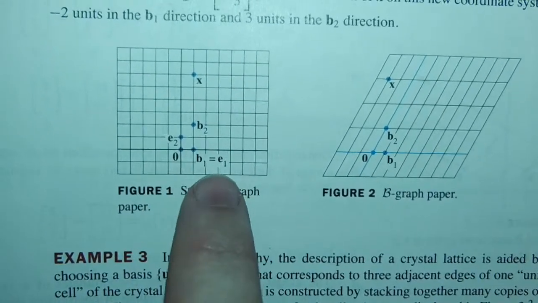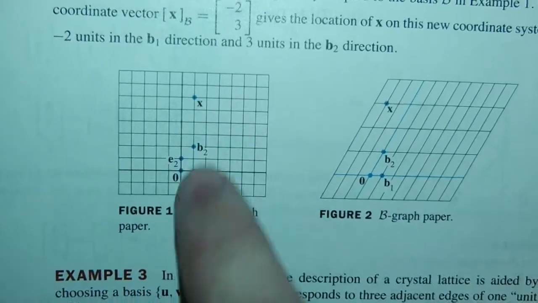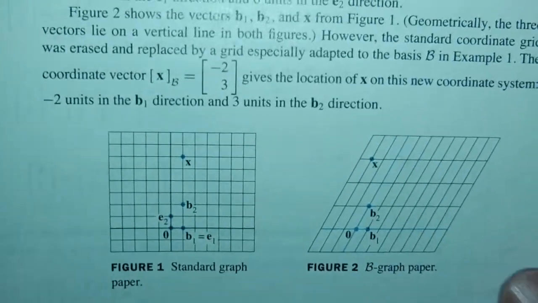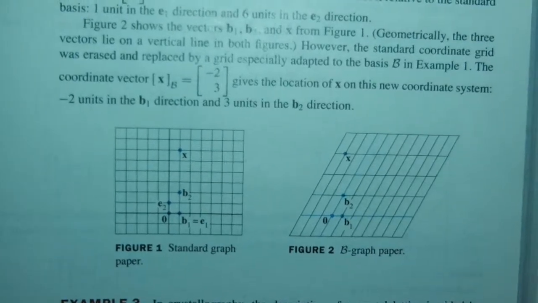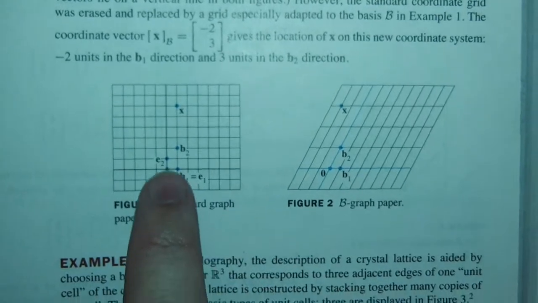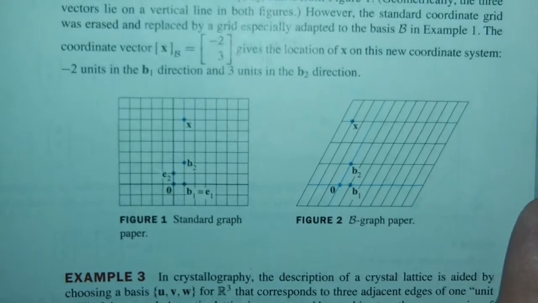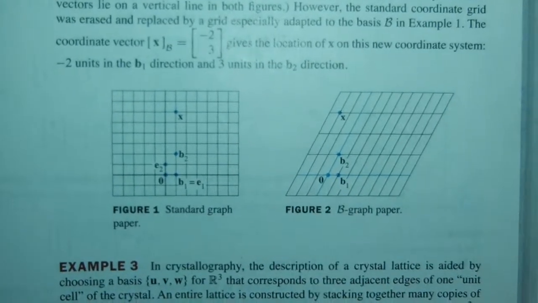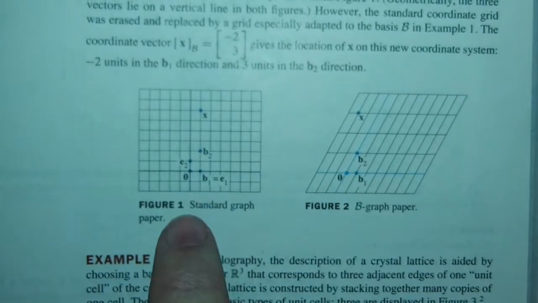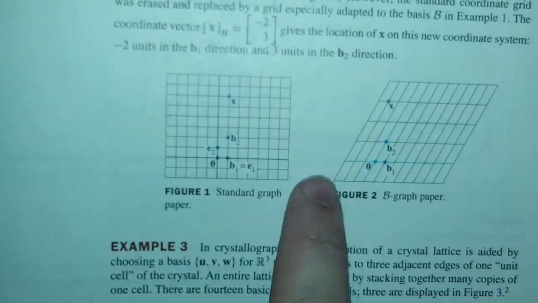Here are vectors B1 and B2 plotted on standard graph paper. B1 was (1, 0), the same thing as E1, and B2 was (1, 2). There's our vector X, which is (1, 6) in standard, graphed on standard graph paper. Then switching to a viewpoint where we look at B graph paper, our axes are determined by B1 and B2, but relative to the standard configuration they're skewed.